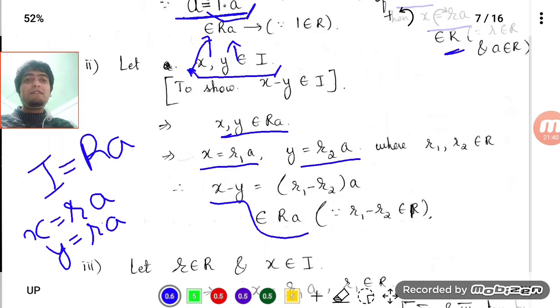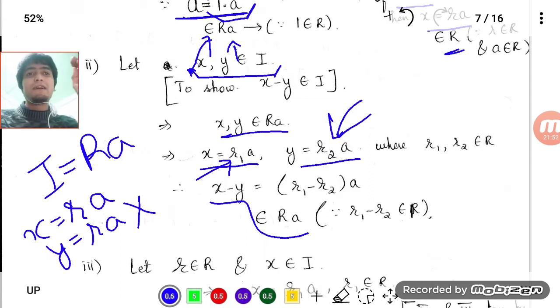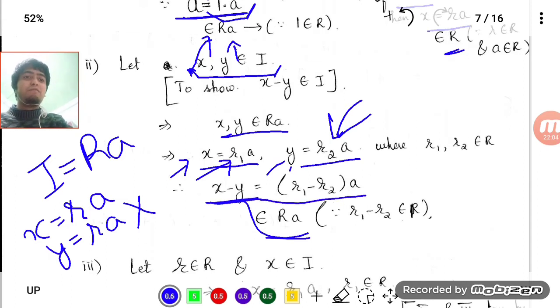This is wrong. Why is it wrong? Because we don't know what this element that comes from R is. For x you may have a different r, and for y you may have a different r. Similarly, x minus y will belong to RA.